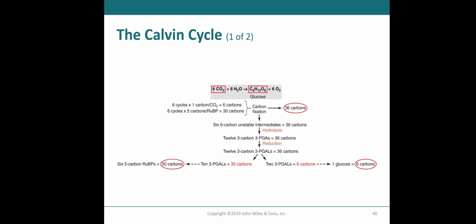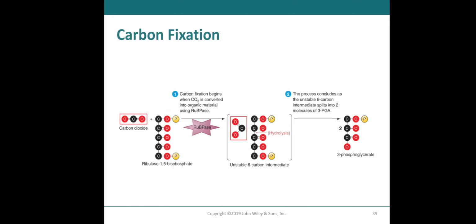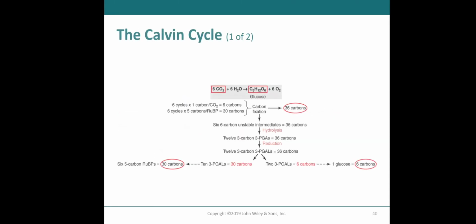And at the end of this, you will get your PGAs, your phosphoglycerate. For example, you have 6 workers. The 6 workers will get carbon dioxide, join it with the starting material, RuBP, and end up with PGA. For each worker, they will each produce 2 PGAs at the end.